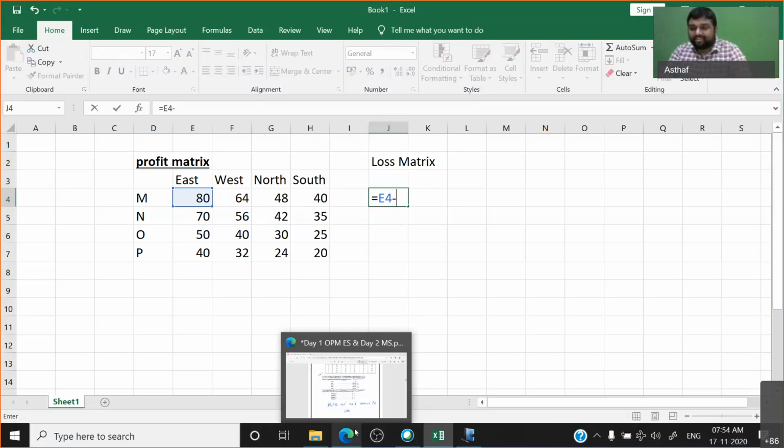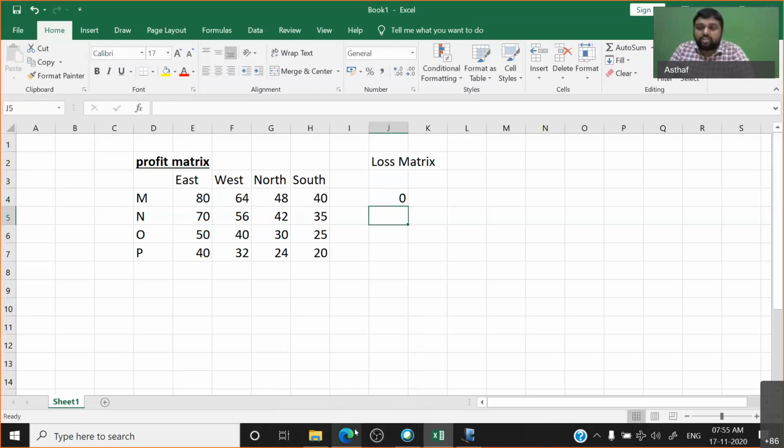So we are subtracting. Now we have to do this in all the cases. So what will be the number? 80 minus 80, 80 minus this number, 0.